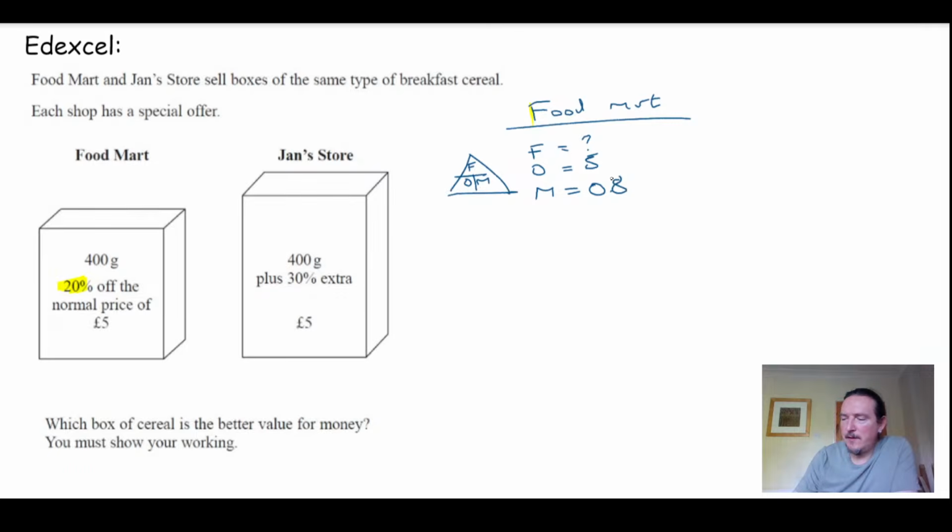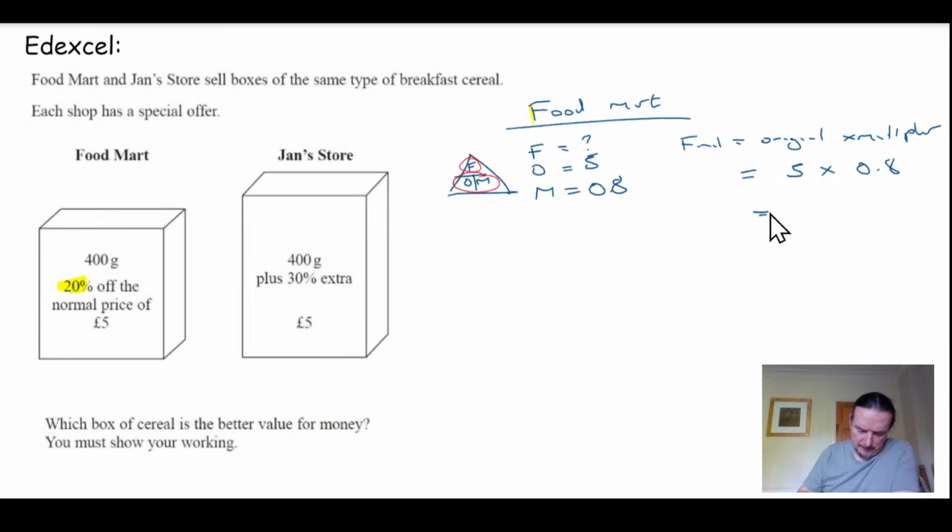So then if I want to find the final, then I need to do the original times the multiplier in order to find it. So final equals original times multiplier, which is going to be 5 times 0.8, which is, I think it's going to be 4, isn't it? 5 times 0.8, it's £4. Okay, so then that's £4 for 400 grams, okay, from Food Mart.